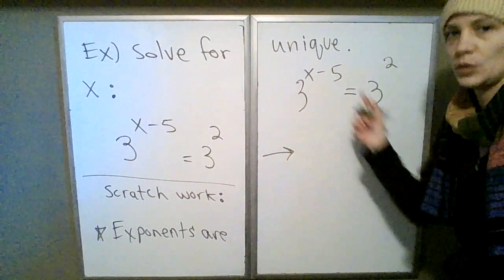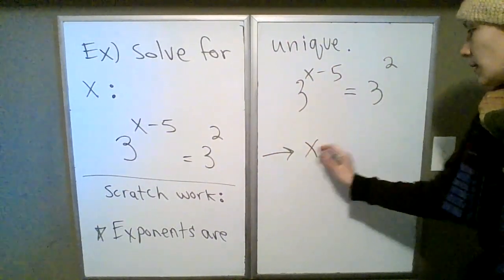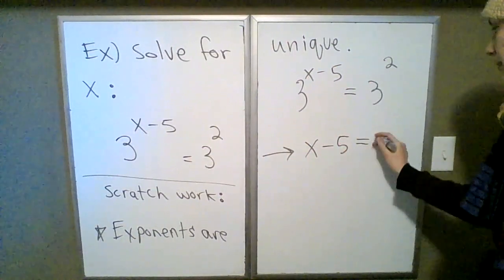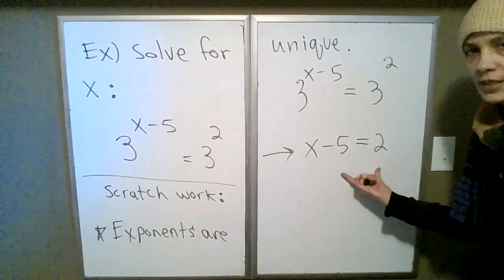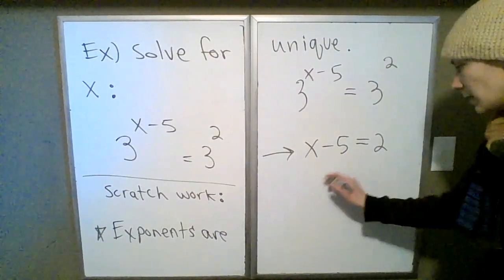Okay, for this to be true, you have to have x minus 5 equal to 2. And then we can solve this equation for x. Add 5 to each side and have x equal to 7.